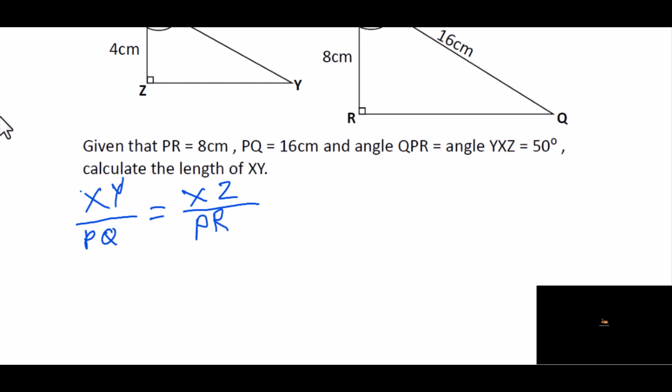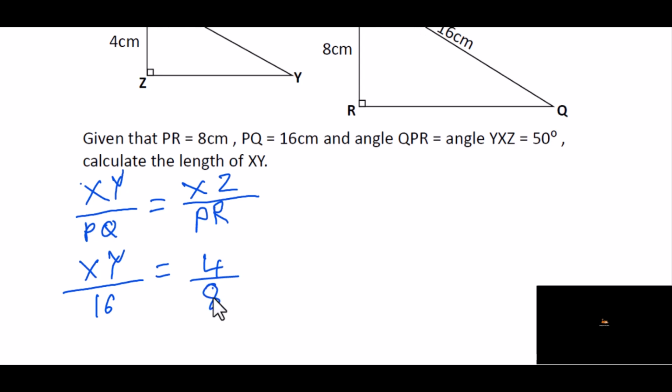What we have is, we don't know XY. Okay, we know that PQ is 16 according to the diagram above. Then XZ is 4. Then PR is what? 8.